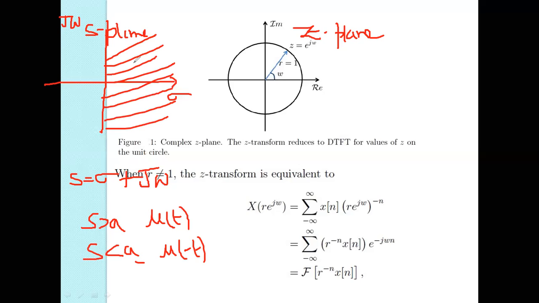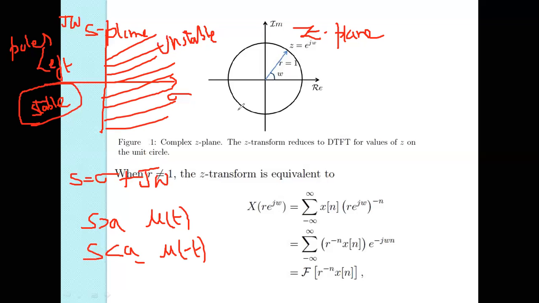If any poles are present in the right half of the S plane, the system is unstable. And the poles that are present in the left half of the S plane, the system is a stable system.